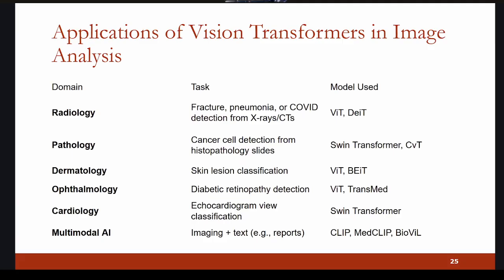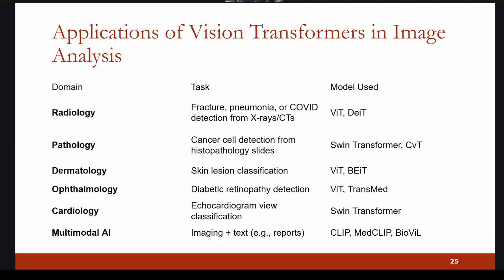Okay, I think you would have attended a multimodal AI session previously, where they would have talked about VLM, vision language model. VLM stands for vision language model. CLIP is a vision language model.